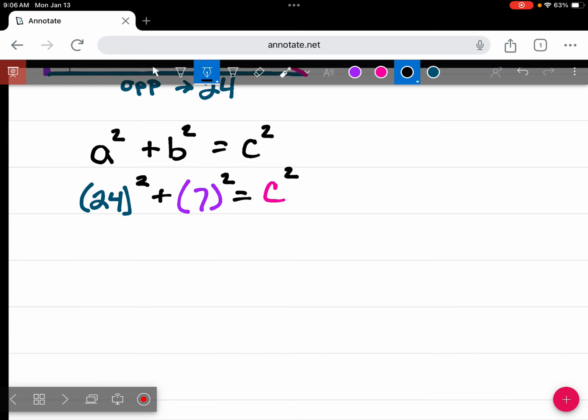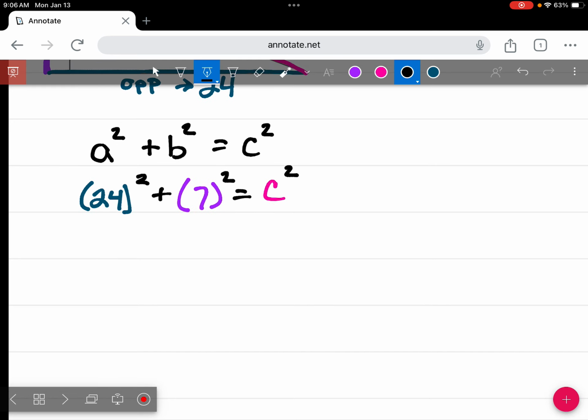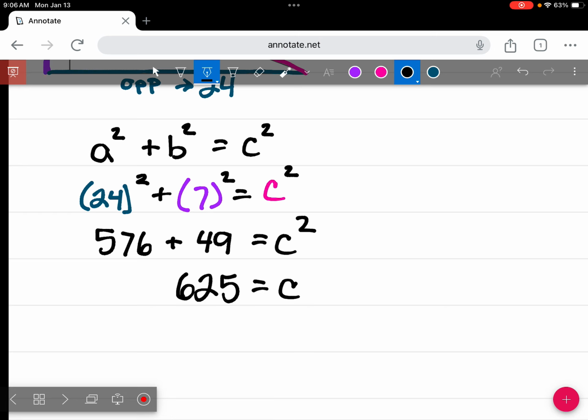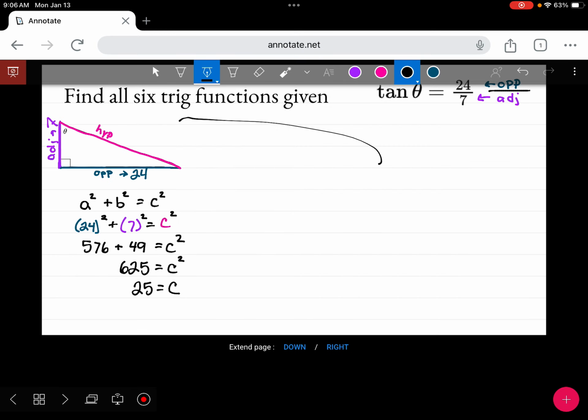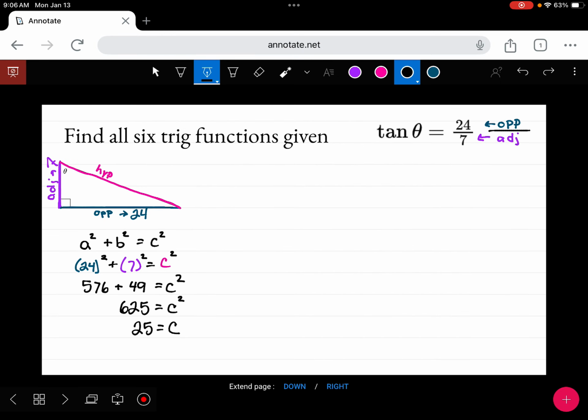So what is 24 squared? 576. How much is 7 squared? 49. So we get 625 is c squared. So what does c equal? 25. So 25 is c. And we know the measurement of our hypotenuse.